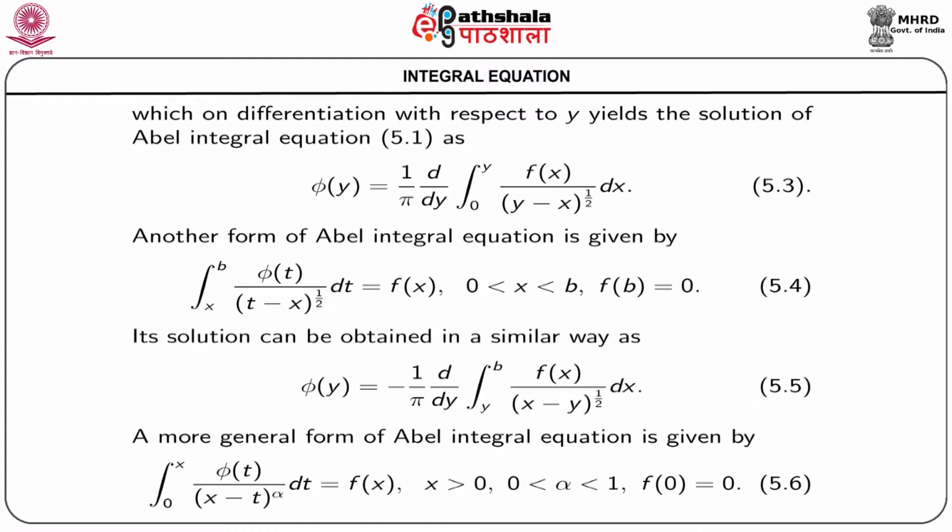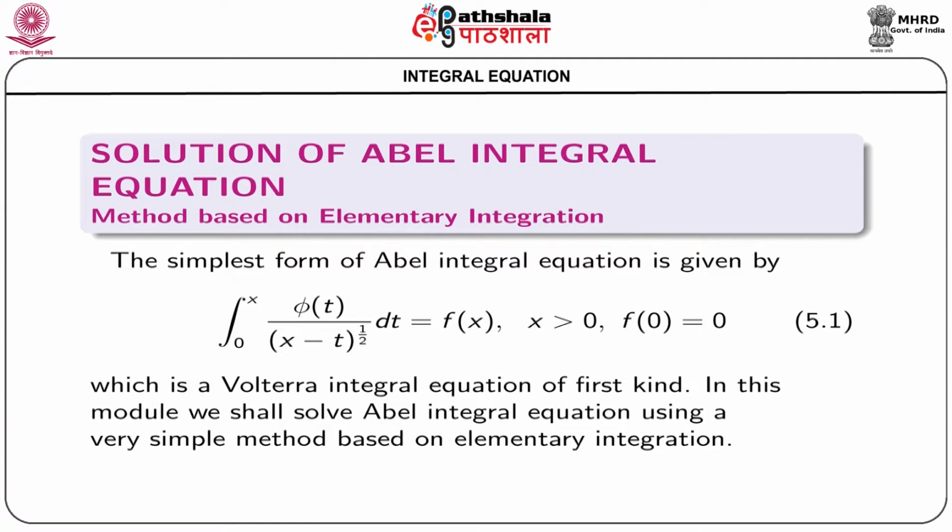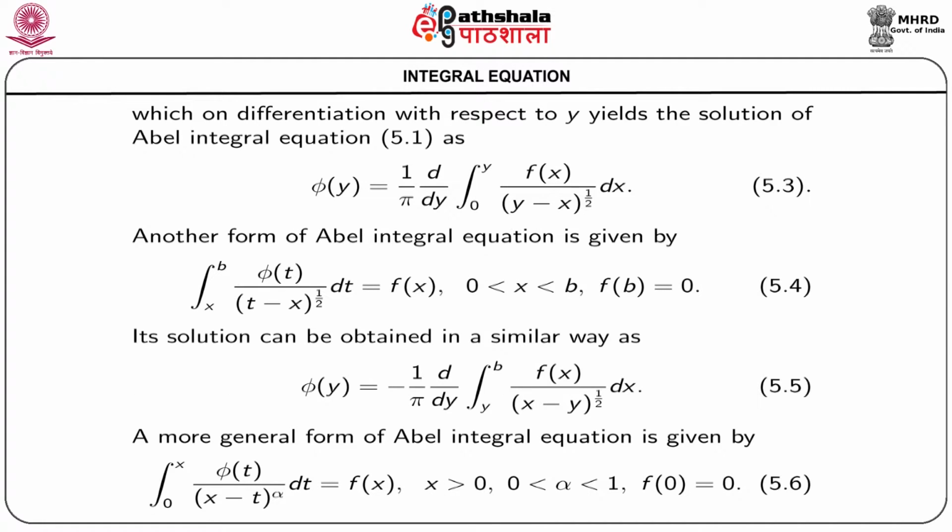The solution of this Abel integral equation can be obtained in a similar manner, and we can note that equation 5.4 can be put in the form given by equation 5.1 by changing the order of integration from b to x with a minus sign.